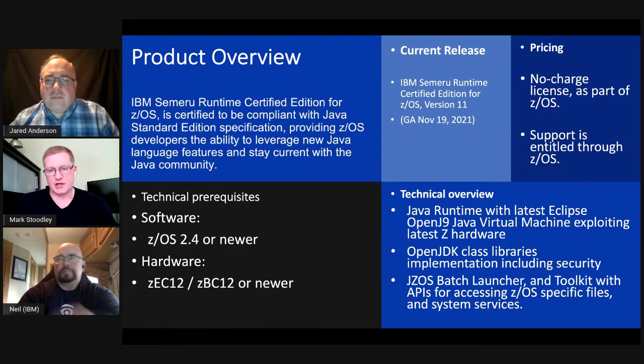It does include the JZOS batch launcher and the toolkit with APIs so that you can access z/OS specific files and system services. There are a number of mainly security-based modules that will be enhanced going forward in service refreshes with this release. But we're very excited to be getting this one out the door finally, and happy to be able to put it in our customers' hands.